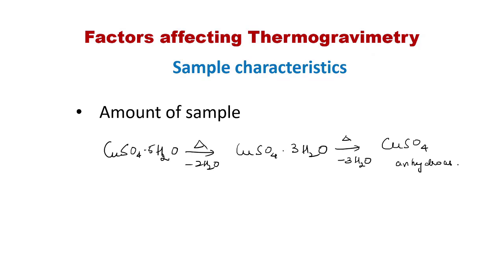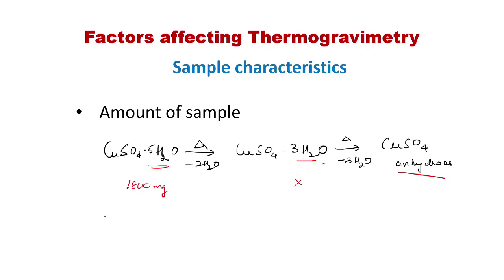For example, if you want to study the thermogravimetric study of copper sulfate 5H2O, here if you are heating the 5H2O, the water of hydration is getting removed. So 5H2O can become 3H2O and then it can go to the anhydrous form. So if we are taking 1800 milligrams, then it won't show the formation of copper sulfate 3H2O.